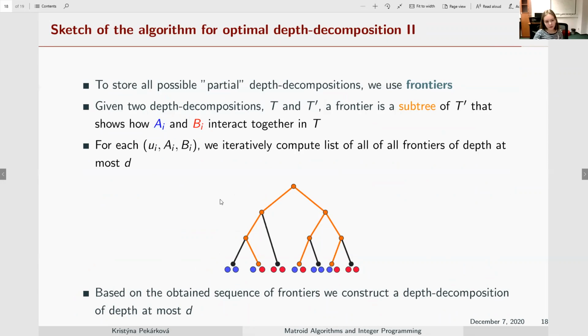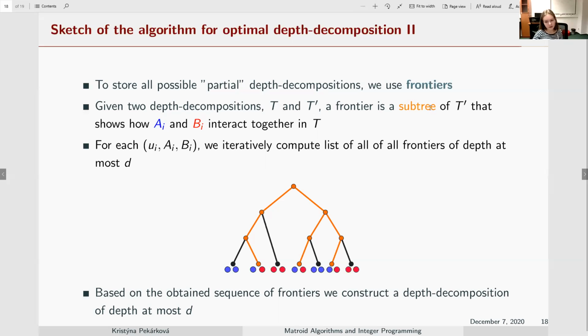Let me now try to explain what a frontier is. The definition is quite technical, so I just want to mention the intuition. As I said, a frontier allows us to store partial decompositions, the already computed part of the decomposition we want to obtain, in an efficient way. Imagine two decompositions, T and T prime, where T is the approximation given by the algorithm I mentioned, and T prime is the optimal decomposition we want to construct.